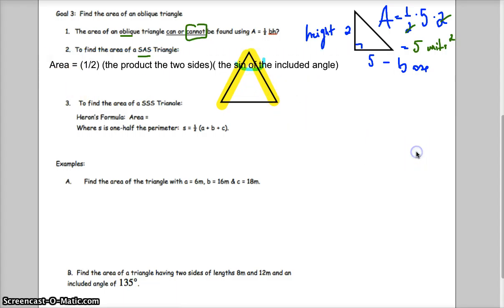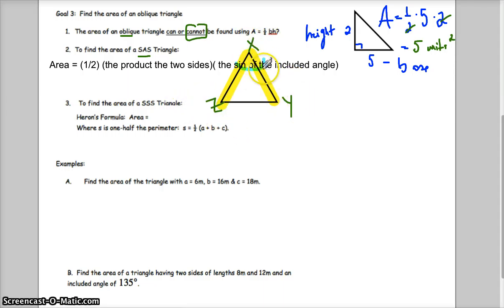So let's give that some variables. Let's use x, y, and z. So if this is angle x, angle y, and angle z.